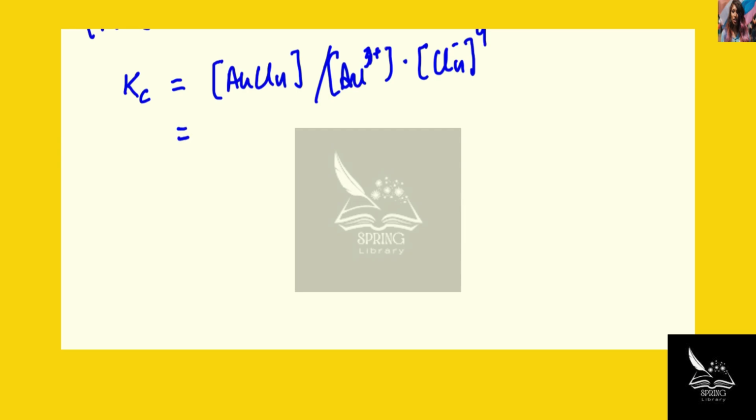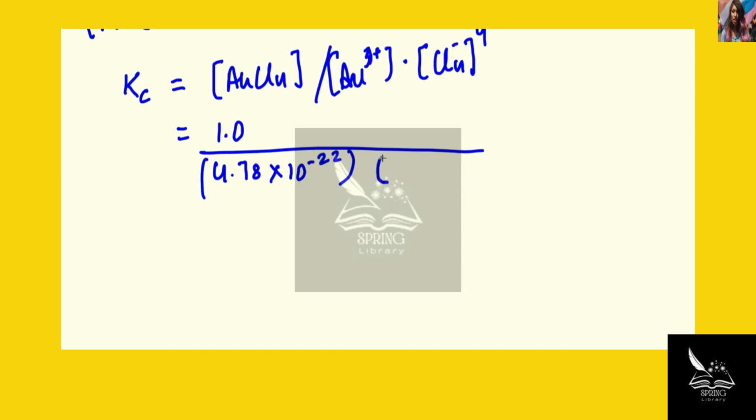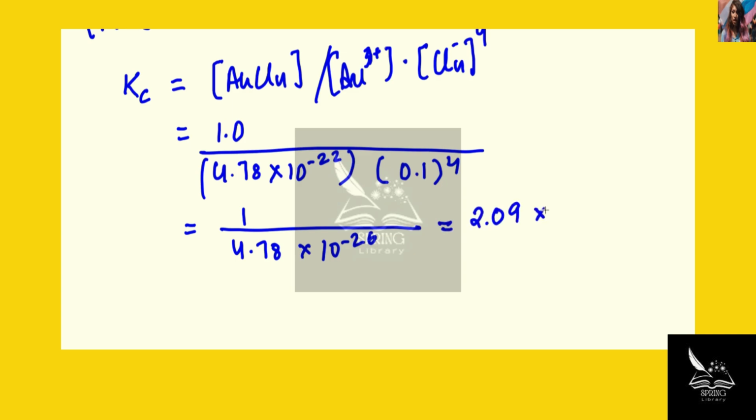If I substitute the values, this is going to be 1 divided by 4.78 times 10 to the power minus 22 multiplied by 0.1 to the power 4. So we get 4.78 times 10 to the power minus 26, which is equal to 2.09 times 10 to the power 25. So this is the value for K.